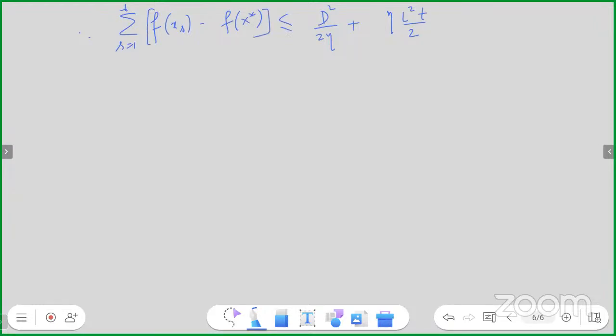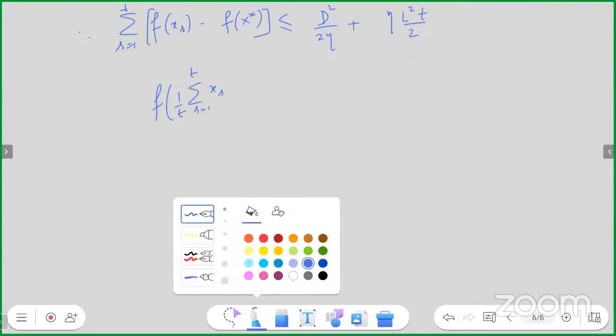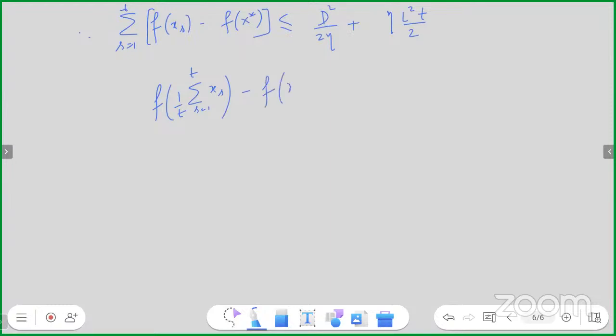Okay, so now how do I pass this to what I want? I want 1 by t times the summation, that's what I want to have as my final guarantee, minus f of x star. Just listen to it. This is the guarantee I want finally.